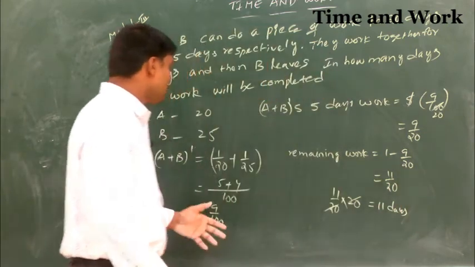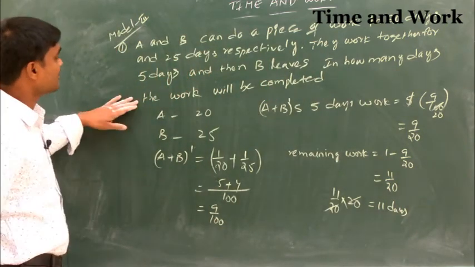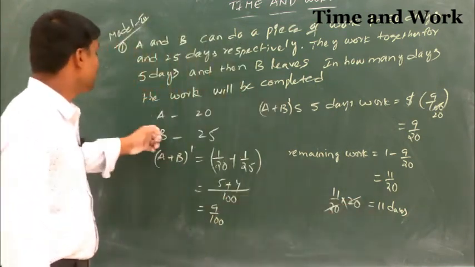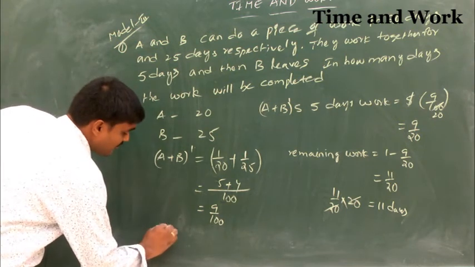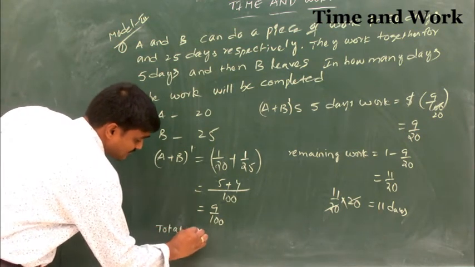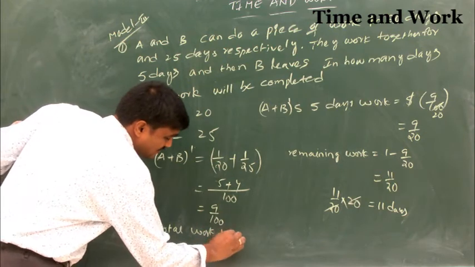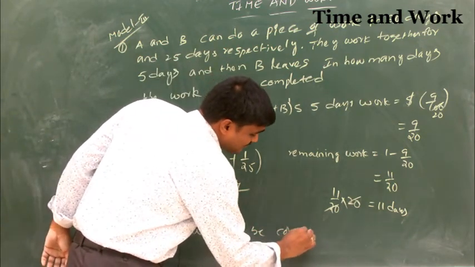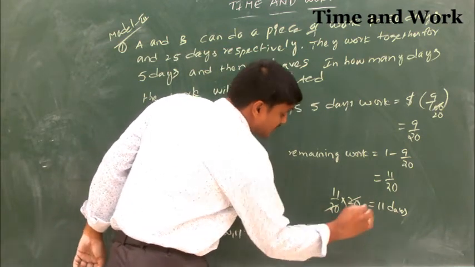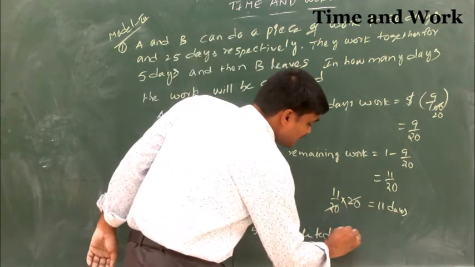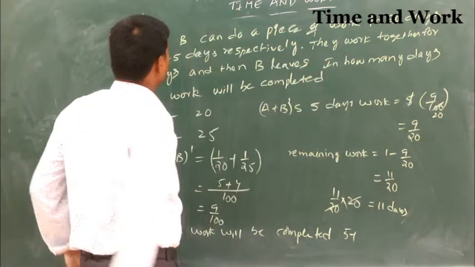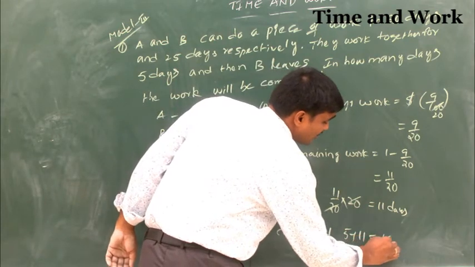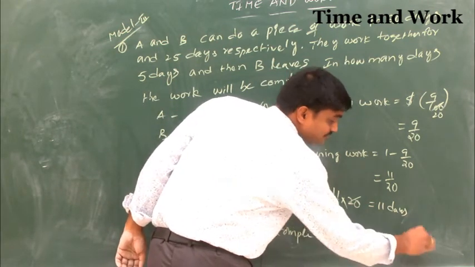We are asking how many days the total work will be completed: A and B 5 days, plus then B leaves and A only 11 days, so total 16 days.